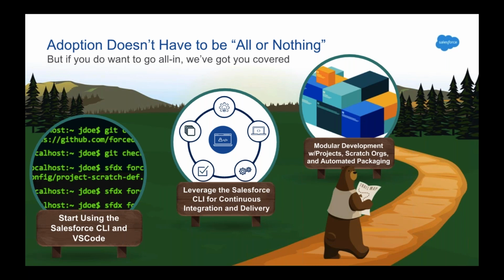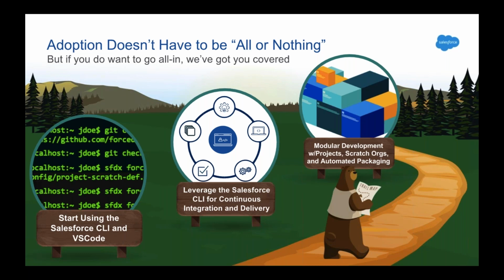And then finally, there's the all-in model if you want to go that way, and that's modular development with projects, Scratch orgs, and automated packaging. Now, those first two methods on the left, there's a ton of great resources, webinars, blogs, Trailhead, that'll help get your toe in the water and do those initial CLI continuous integration connections.